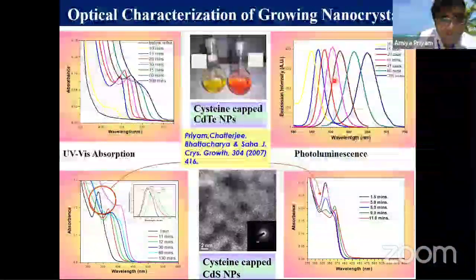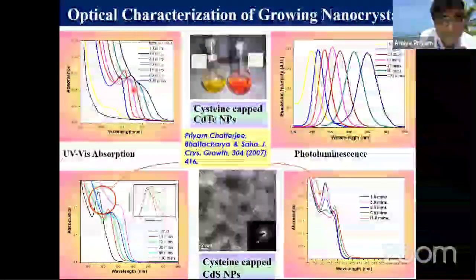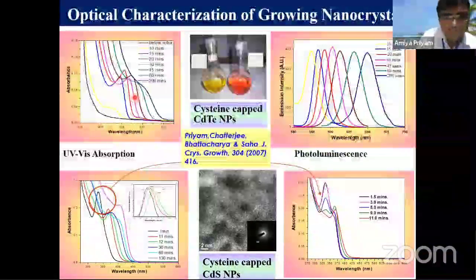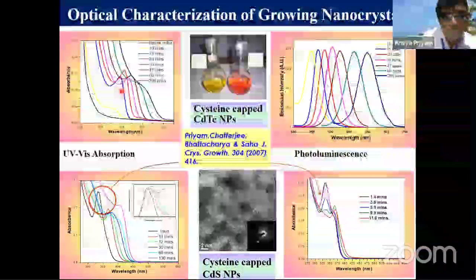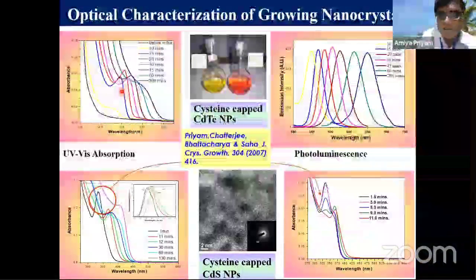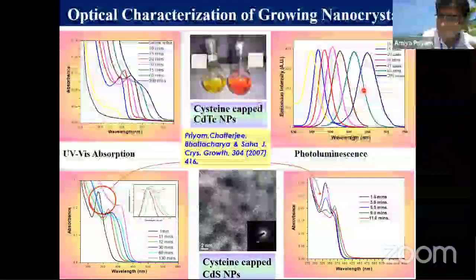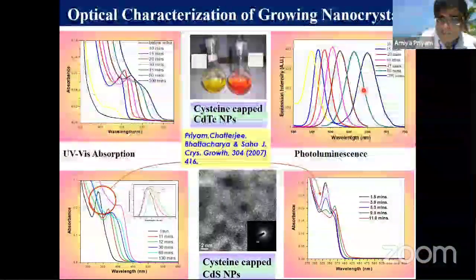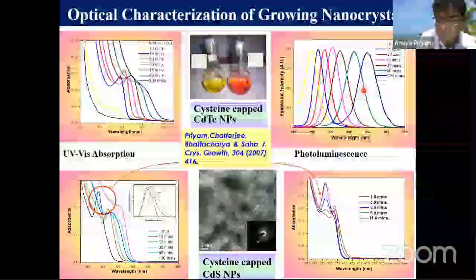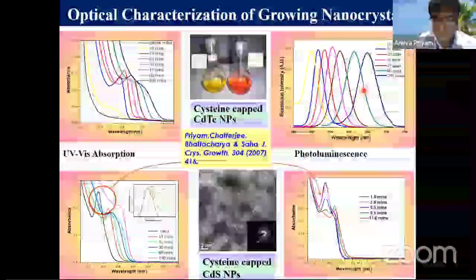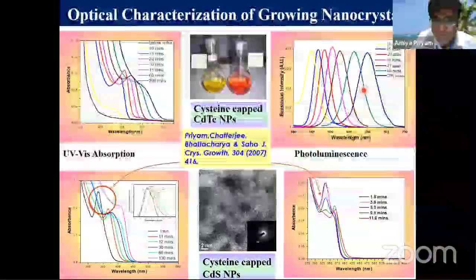The absorption peak is there, but there is a continuous absorption from here onwards. So it absorbs in a broad range beyond the threshold value, but the emission profile will always be sharp. So broad excitation and narrow emission is the key feature of these nanocrystals, which can be utilized for device applications.